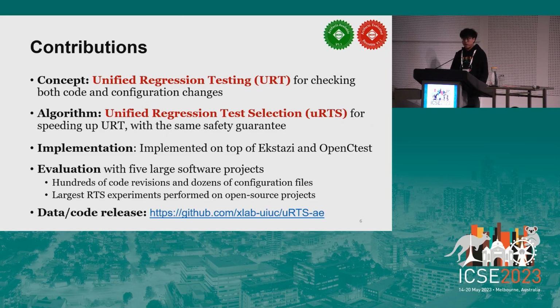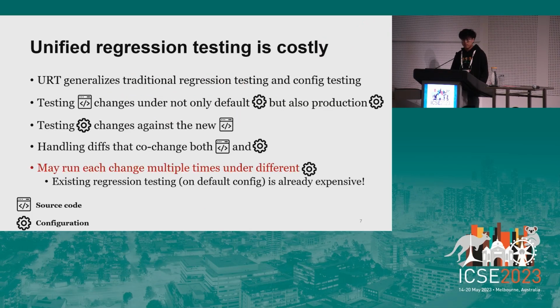Finally, we evaluate the effectiveness of URT on 5 open source projects with hundreds of code revisions and dozens of configuration files. Our evaluation is the largest RTS experiment performed on open source projects to our knowledge. We released our data and code on GitHub. You can check it through the link below.